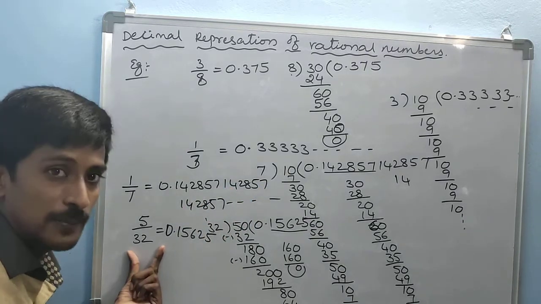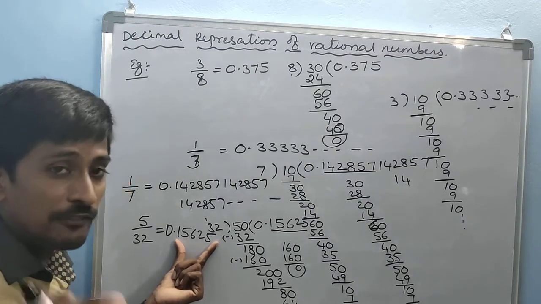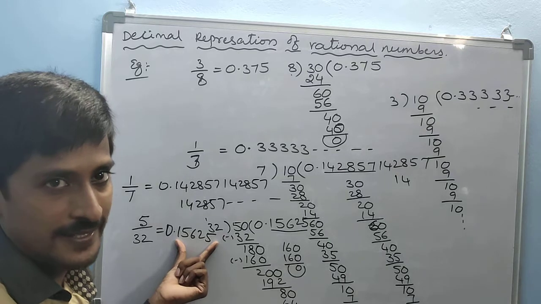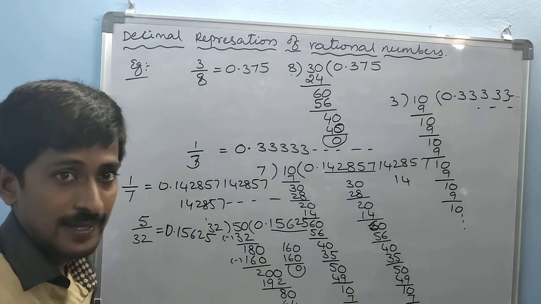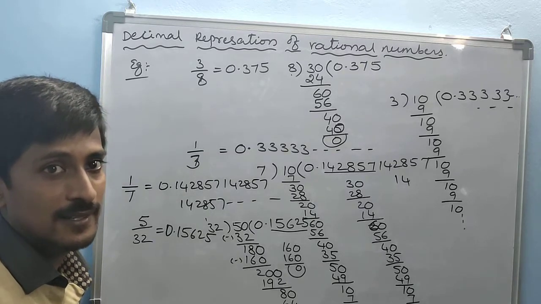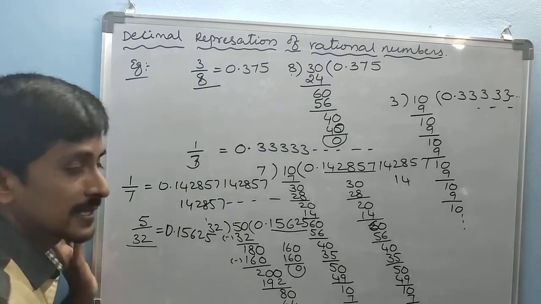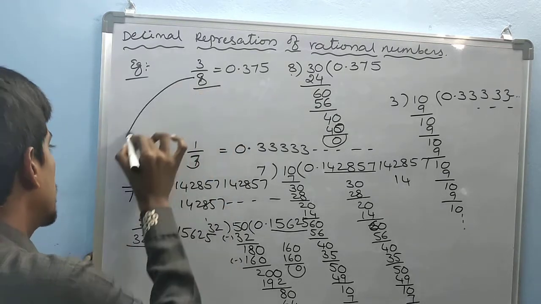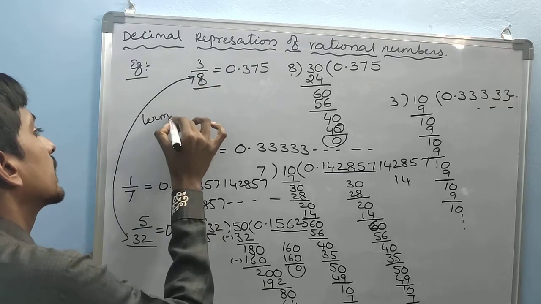In the fourth example, after decimal, it ends after 5 digits. Which rational numbers are ending after some digits? 3 by 8 and 5 by 32. These two numbers are called terminating.